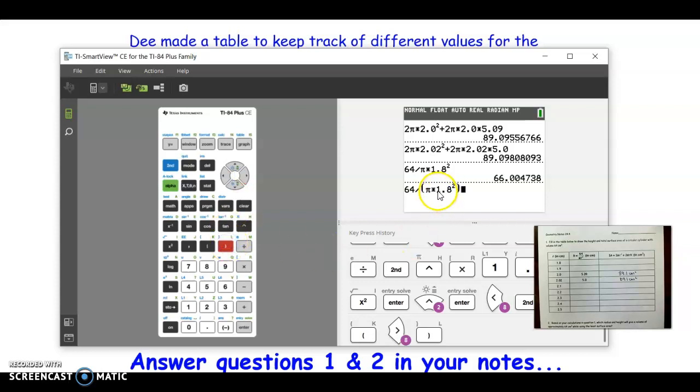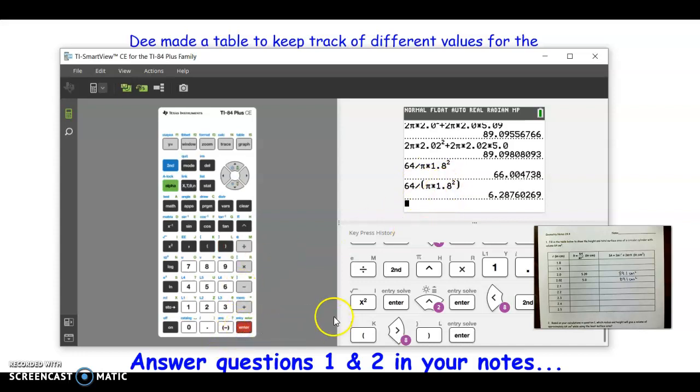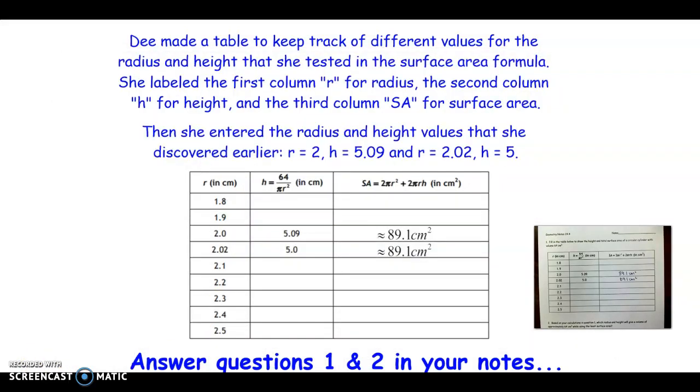Now my calculator knows I want to divide 64 by this entire product, and that will give you your correct height. Okay, so go through and fill in your table, and then you can restart this video once you have that filled out, and we'll check it.